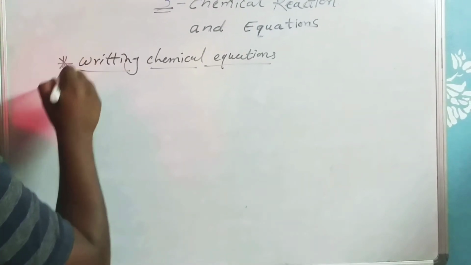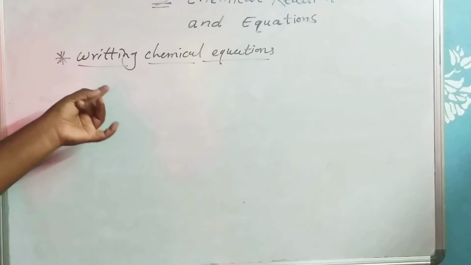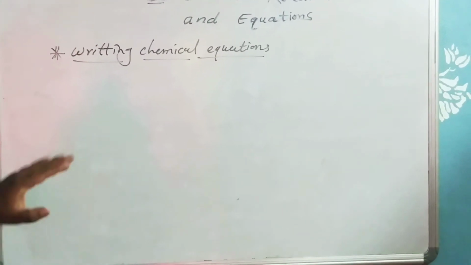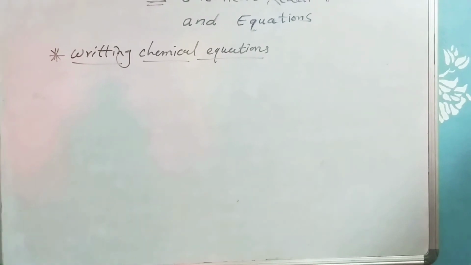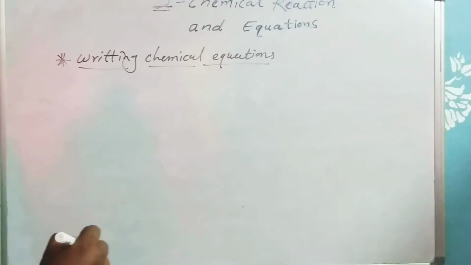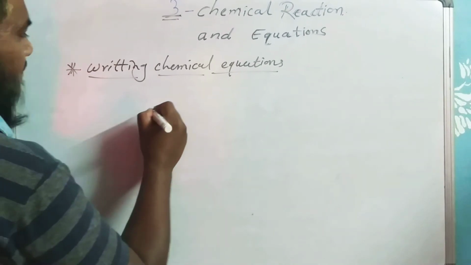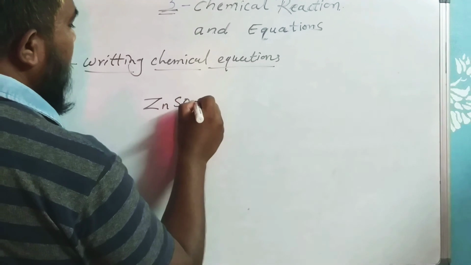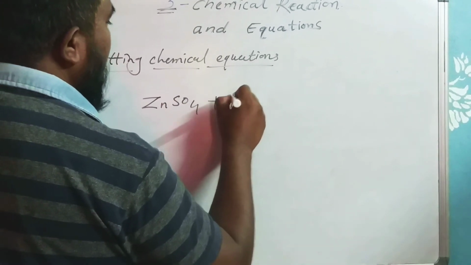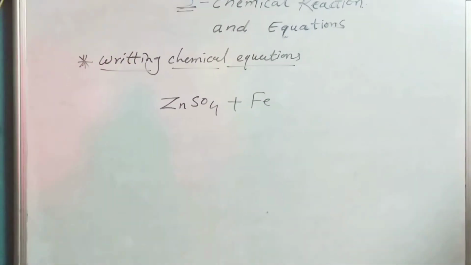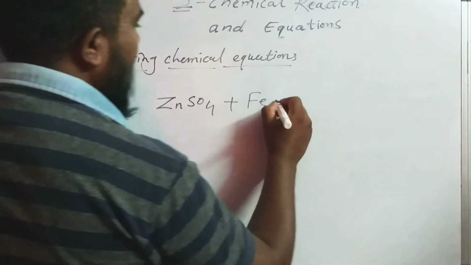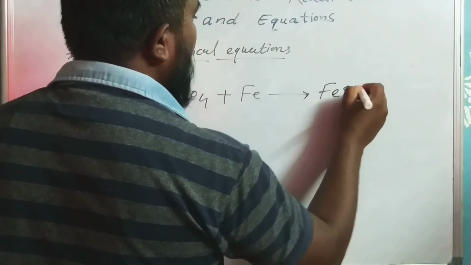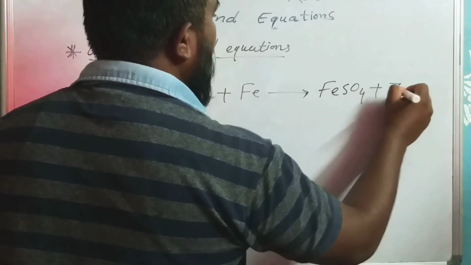We are going to discuss a new sub point from this topic, writing the chemical equation. How do we write a chemical equation? First of all, I will write just one reaction, and it will give FeSO4 plus Zn.